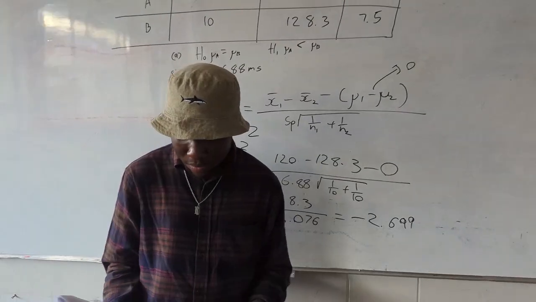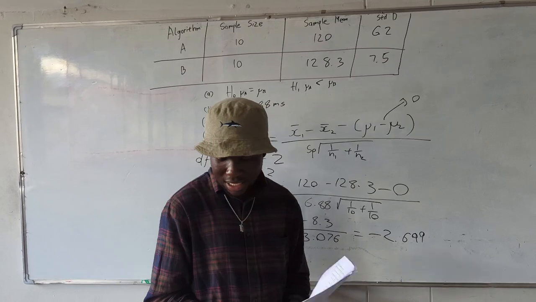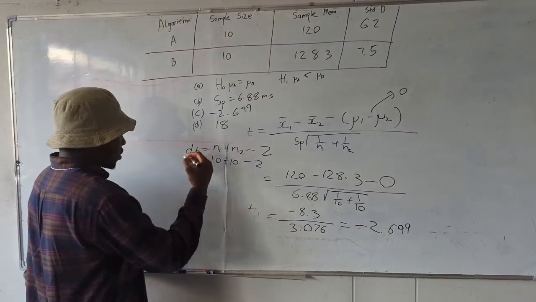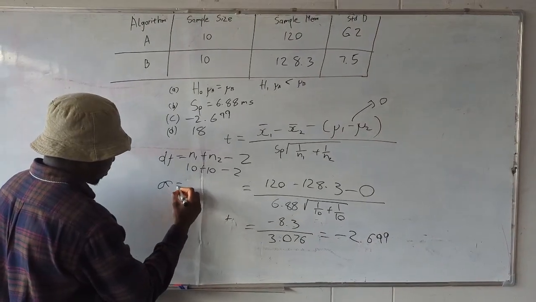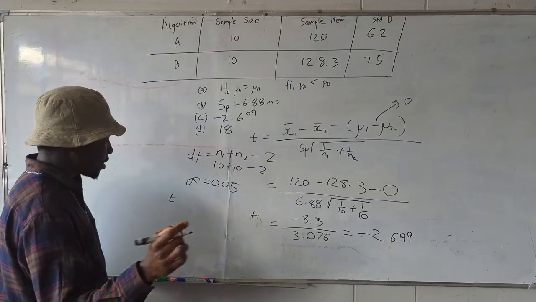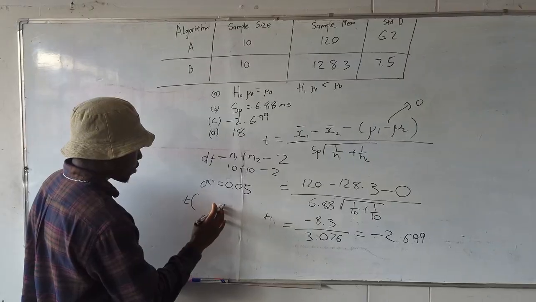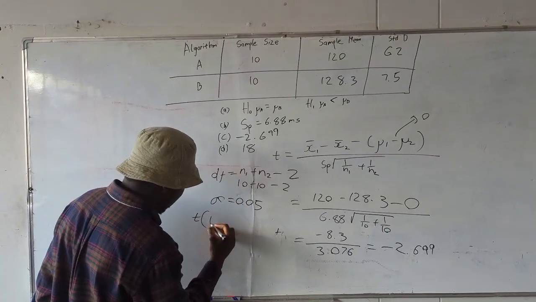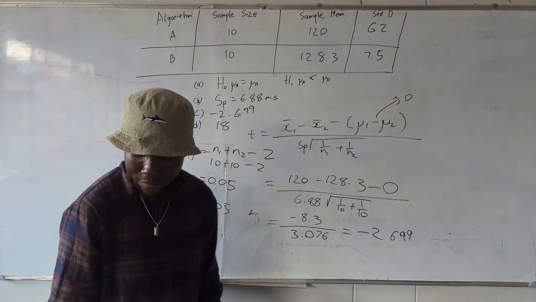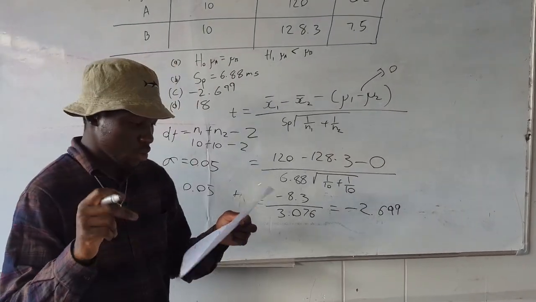Then we move on to E: using a significance level of 0.05, find the critical value for this hypothesis test. We use the t table, and I'll place the link in the video description.